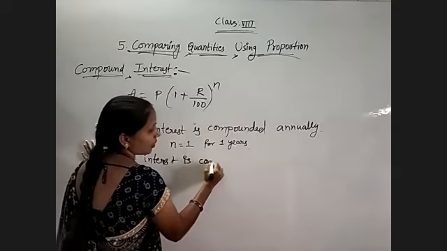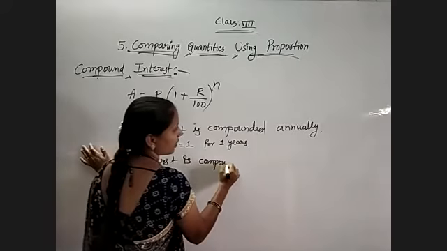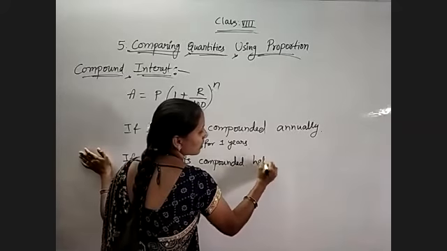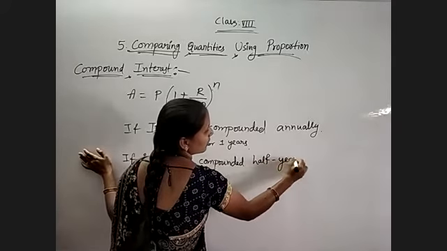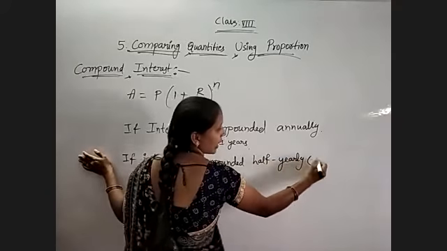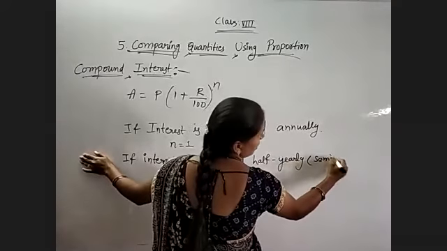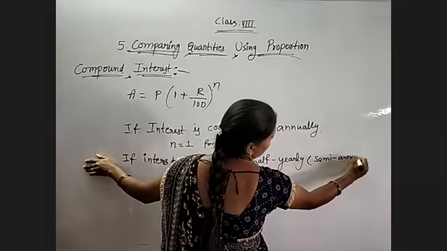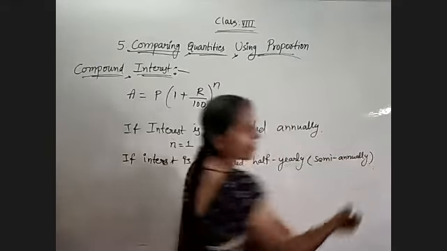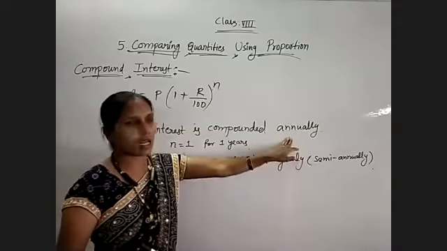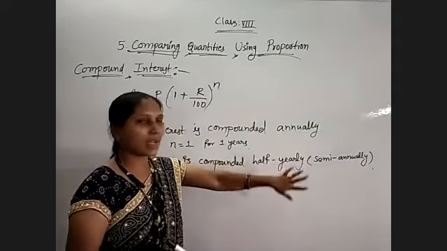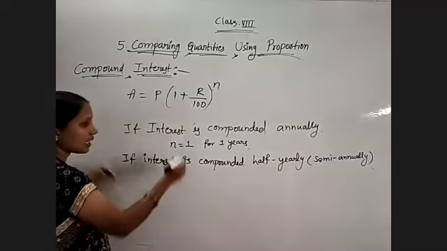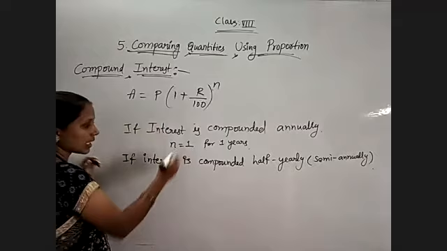And if interest is compounded half yearly or semi-annually, semi means half of the annual. Annual is nothing but year. Half of a year is semi-annual. In that case, n will be half a year, which is 6 months.